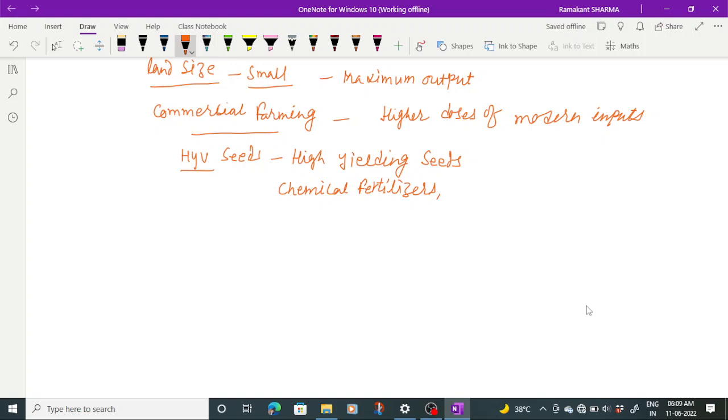And they also use insecticides and pesticides. These are the poisons, you know. They use all these things for higher productivity.